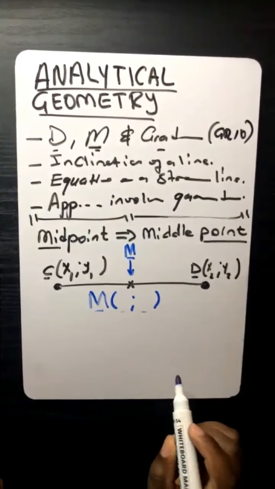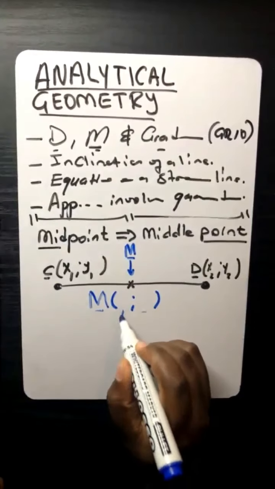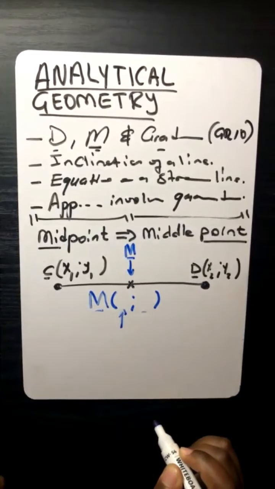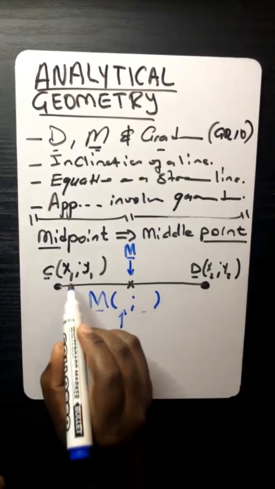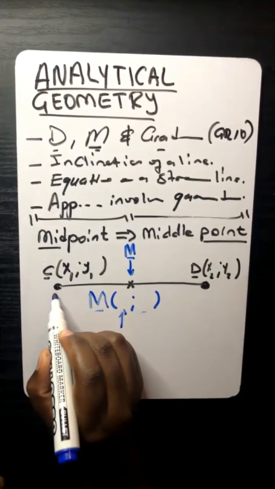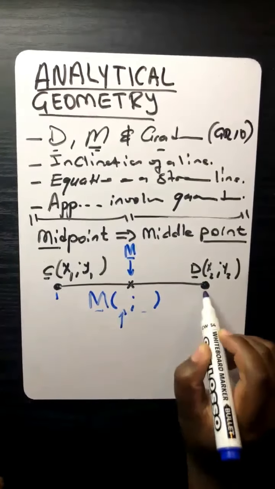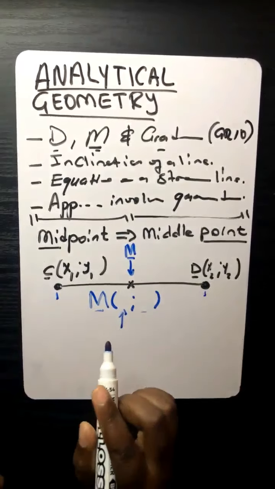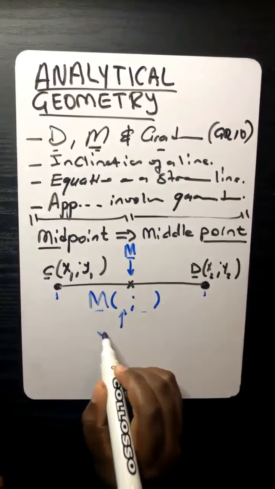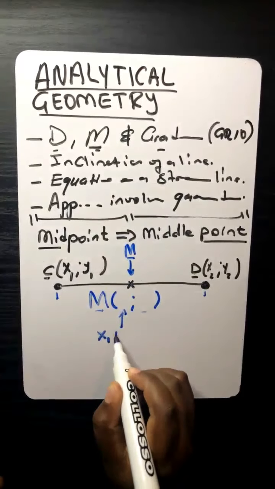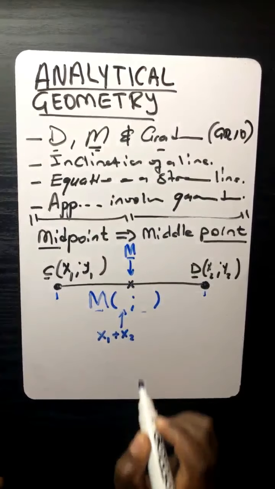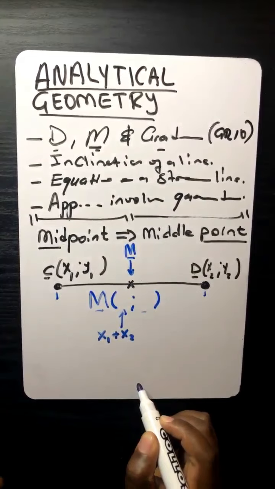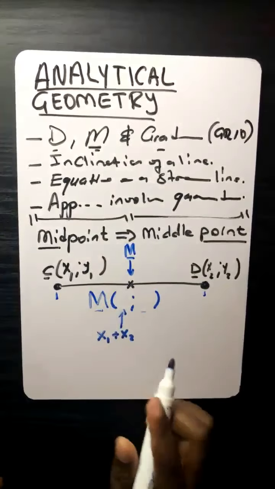So now, how do we calculate the x value of the middle point? You must add the first x value plus the second x value, then you cut it into half. What do I mean when I say you then split it into half?